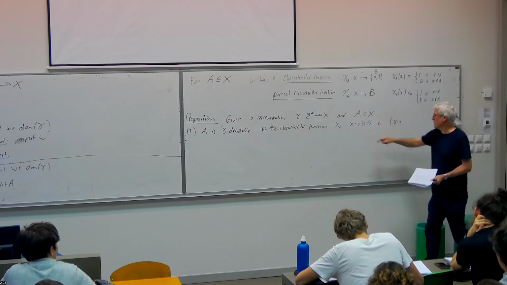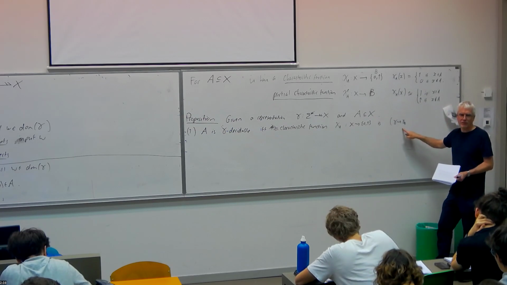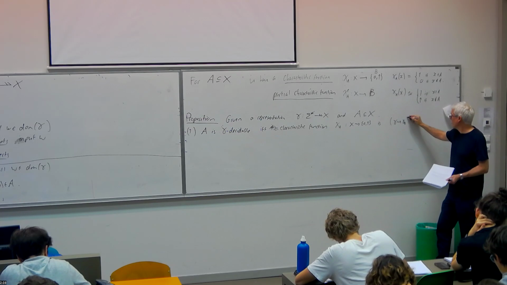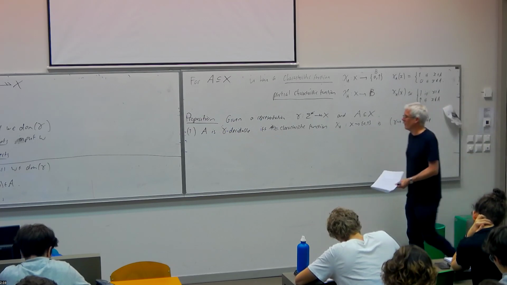So we've got the representation gamma for x, and it's going to be computable relative to the canonical representation of the Booleans, which I have yet to define.